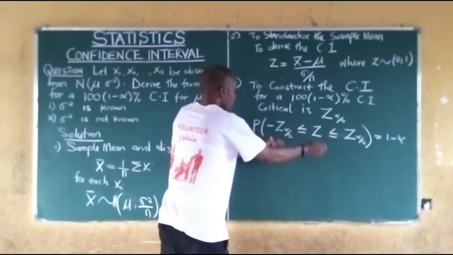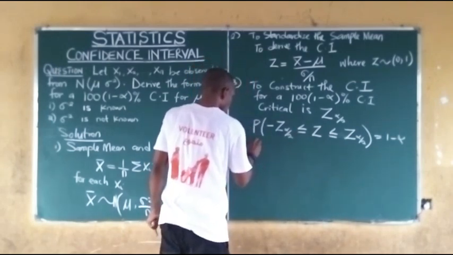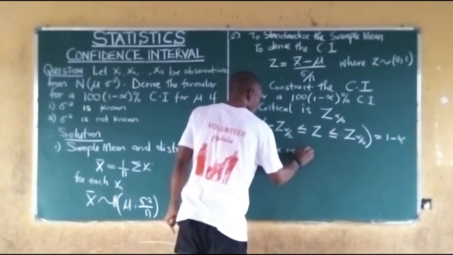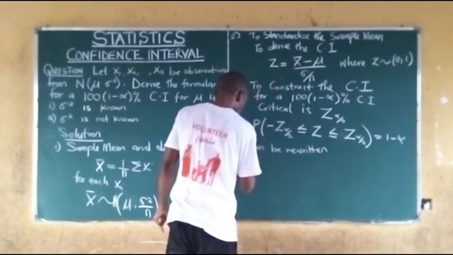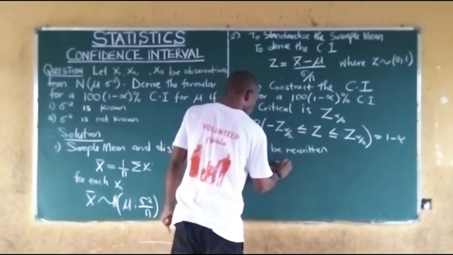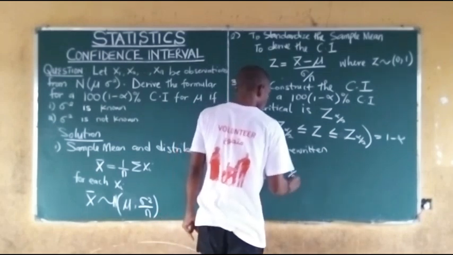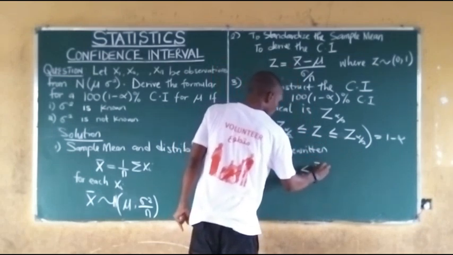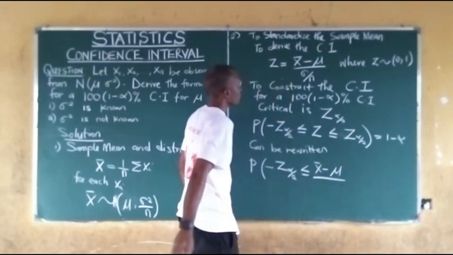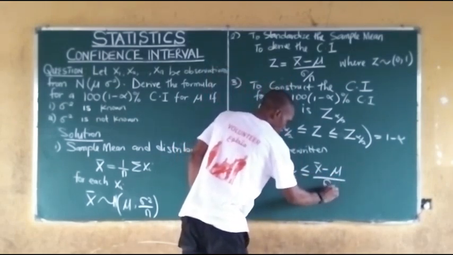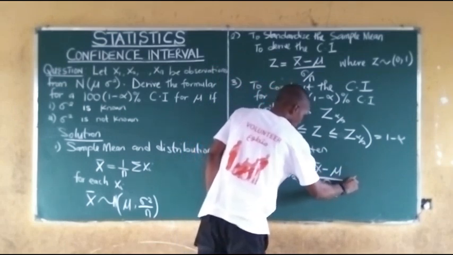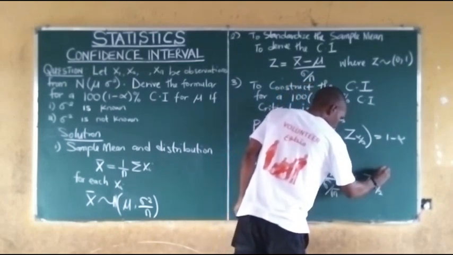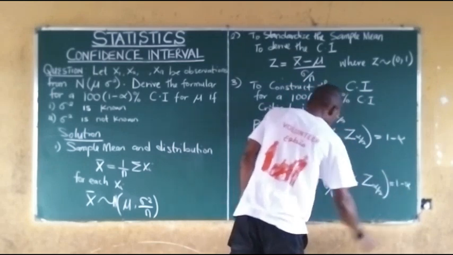Then this can be rewritten to give us P of negative z alpha over 2 is less than or equal to x bar minus mu over sigma squared over n, is less than or equal to z alpha over 2, is equal to 1 minus alpha.